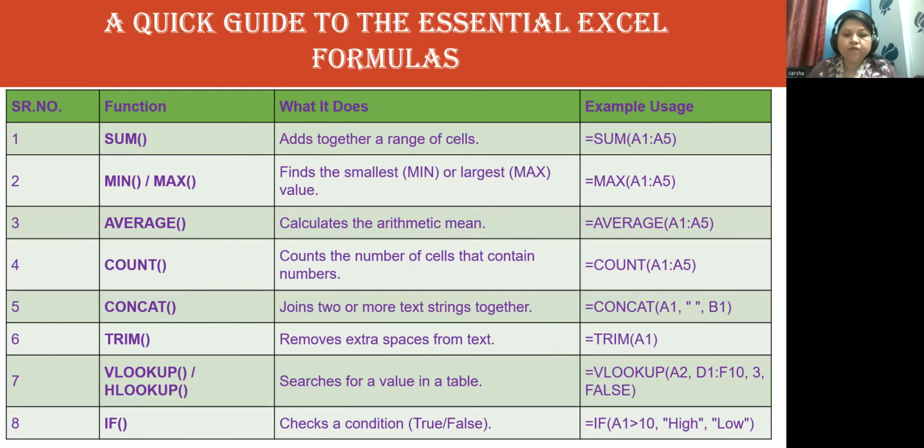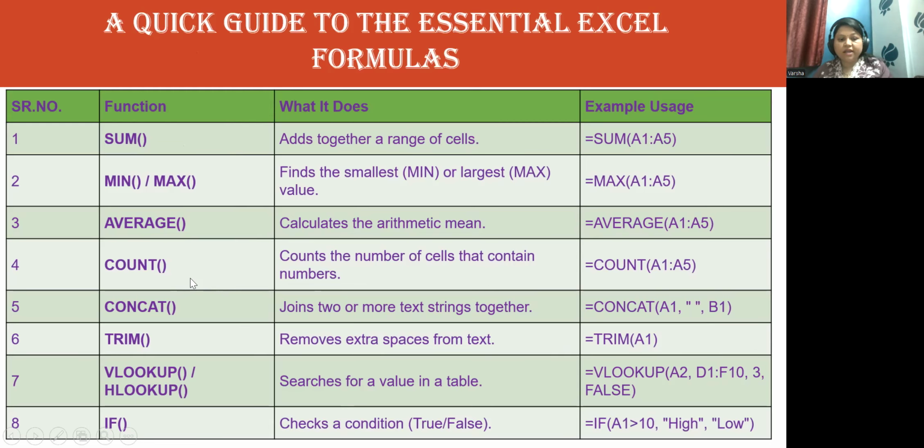Minimum and maximum find the smallest and largest value. Average calculates the arithmetic mean. Count counts the number of cells containing numbers. In case of count, we have seen the COUNTIF and COUNTIFS functions. In case of sum, we have studied the SUMIF and SUMIFS functions.